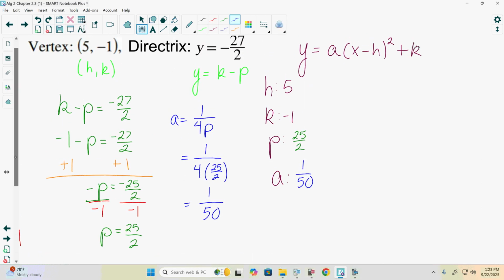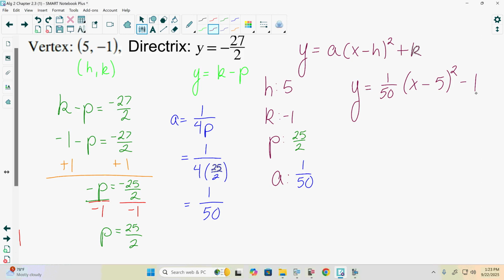Questions on how we found p or a? We feel good with this here? Yes? We're good? And the last thing we have to do is plug it back in. Because we replace a with 1 over 50, we replace h with 5, and we replace k with -1.